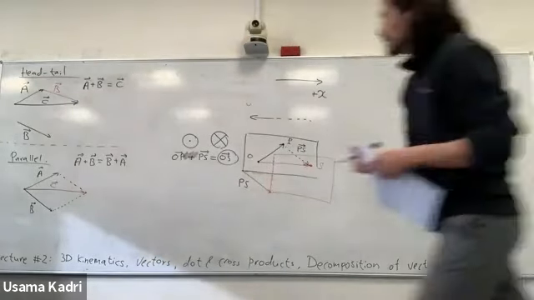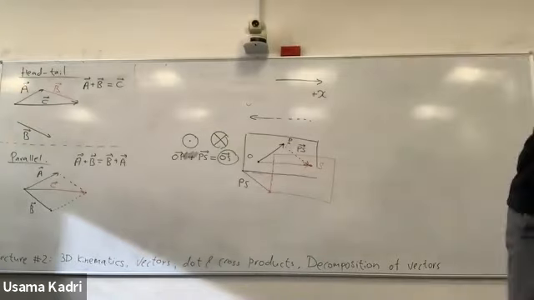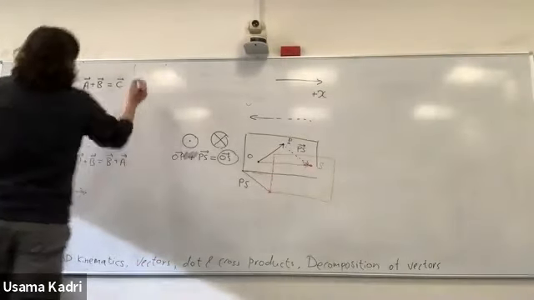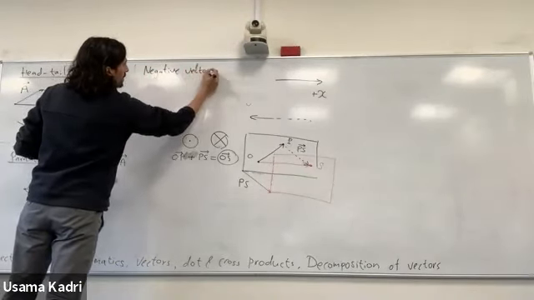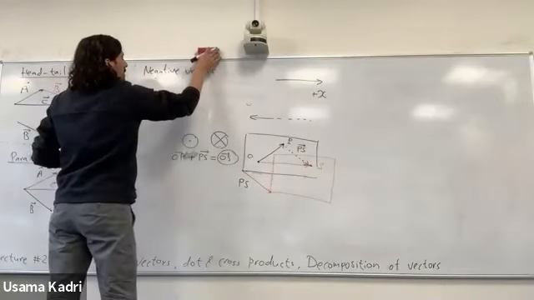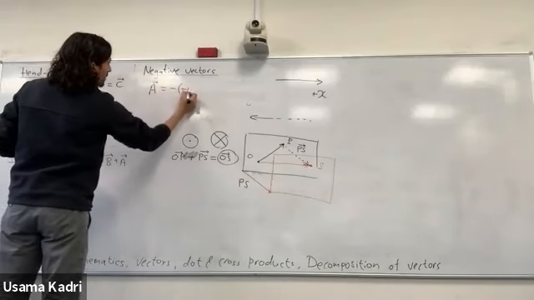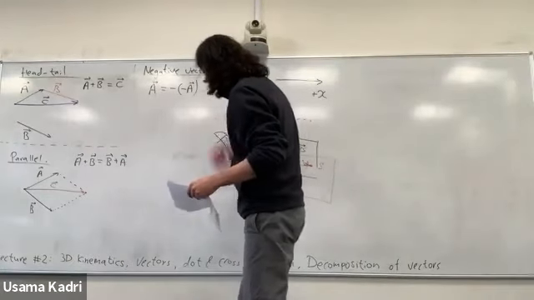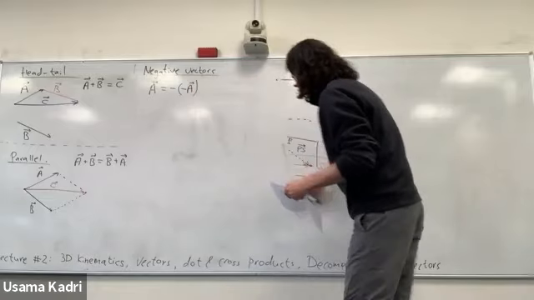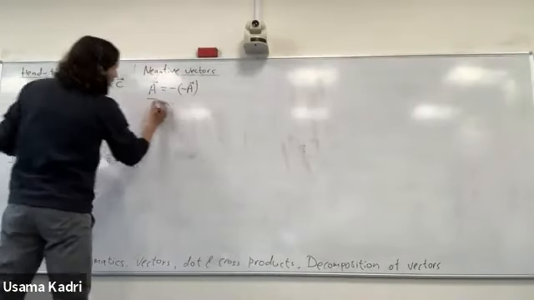So now we can write negative vectors: A equals minus A, which means now you can subtract also vectors, because if you have now A minus B, so subtraction.